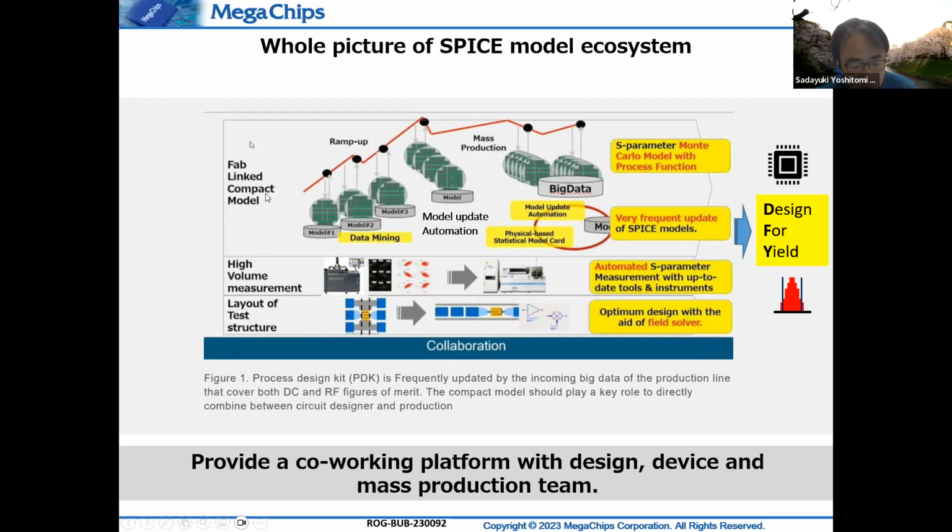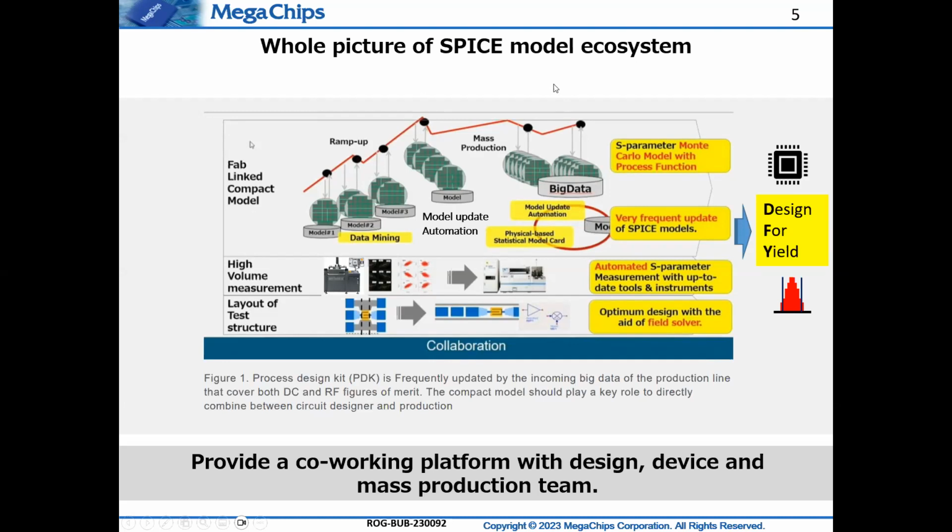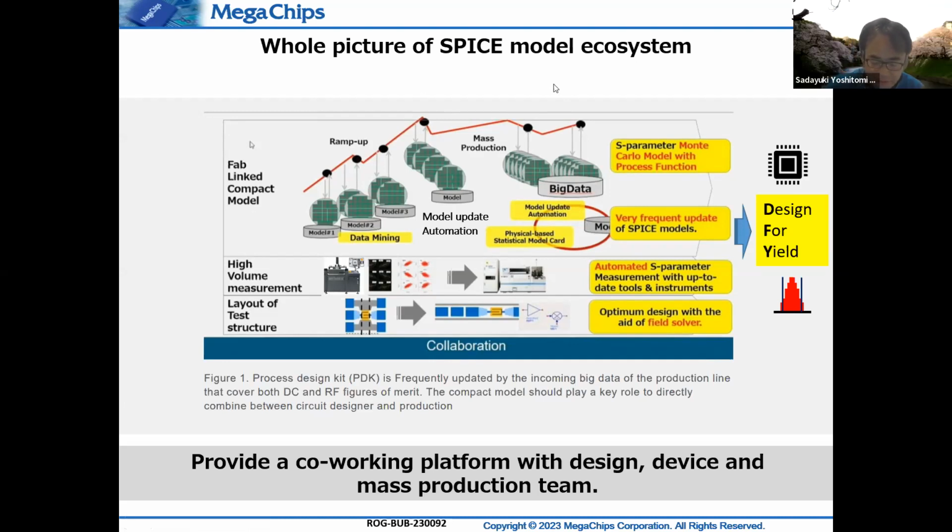In addition, the Fablink compact model, which will be explained later in my presentation, provides a Six Sigma design environment that can be used to establish a bridge between the factory and the design team. These four key issues are important components of the SPICE modeling ecosystem. We will now discuss the four major technologies shown in this figure in the subsequent slides.